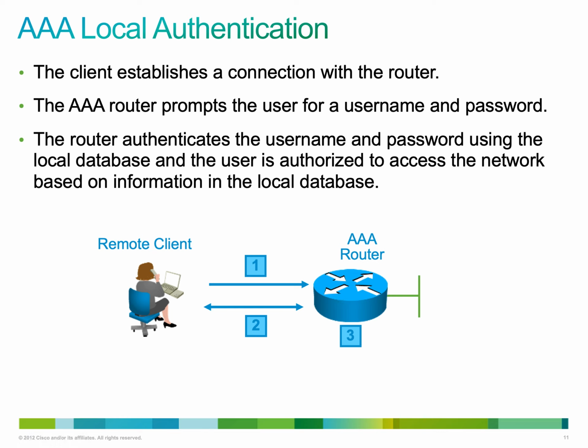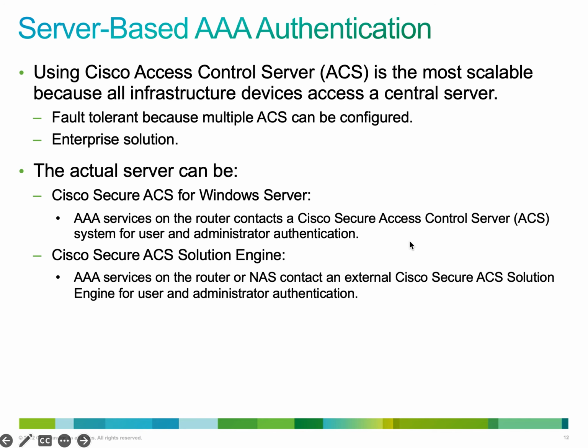Now the router authenticates the username and password using the local database, and the user is authorized to access the network based on the information the router has in the local database of this client. And then you are granted access. So this method is very secure. It's better than the first two methods that we've described previously.